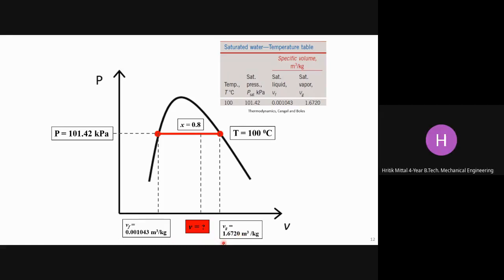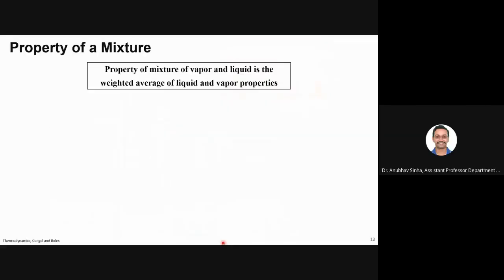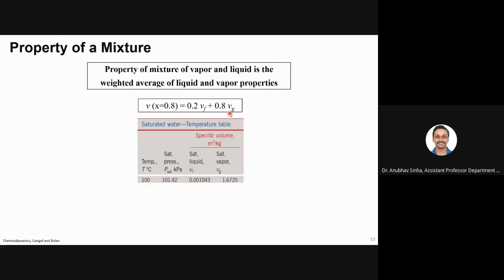vf plus x times vfg. Yes. So basically we'll use a weighted average of liquid and vapor properties. So I can say v at 0.8 quality is 0.2 of vf plus 0.8 of vg, or I can use vfg also.